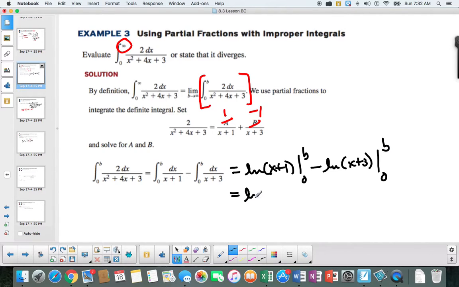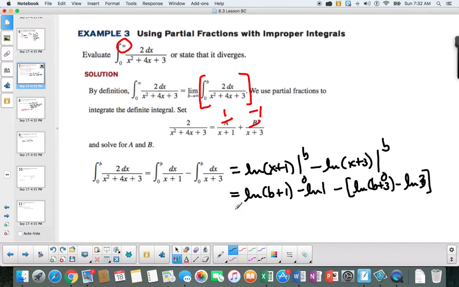So this is going to be the natural log of b plus 1 minus the natural log of 1, and this is going to be minus the natural log of b plus 3 minus the natural log of, no, natural log of 3, because if I put 0 in here, I'm going to get a 3.